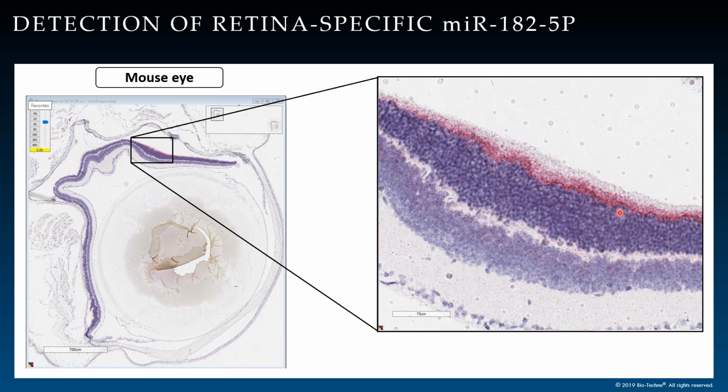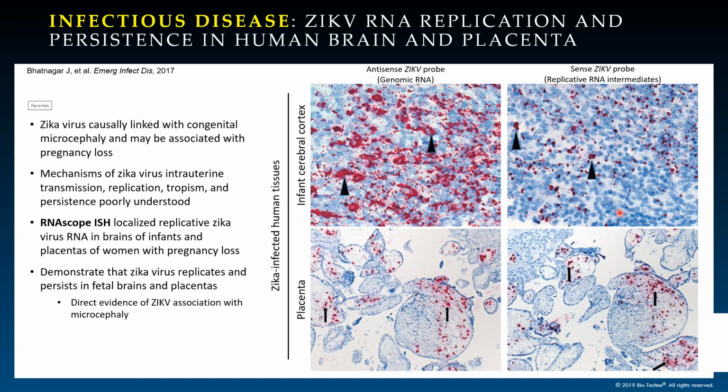So with that, I want to come to my final section for today, which is the application of RNAscope in infectious disease research. As I mentioned earlier, RNAscope technology has really helped advance the field of not only cancer research, neuroscience, and developmental biology, but is an important tool, especially in infectious disease research, mainly because with RNAscope technology, probe design strategy is pretty rapid, and we are able to design target probes against any emerging pathogens to help aid and expedite research.